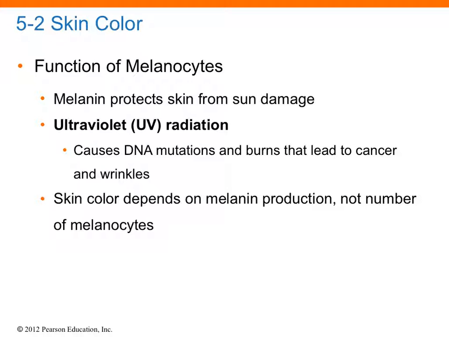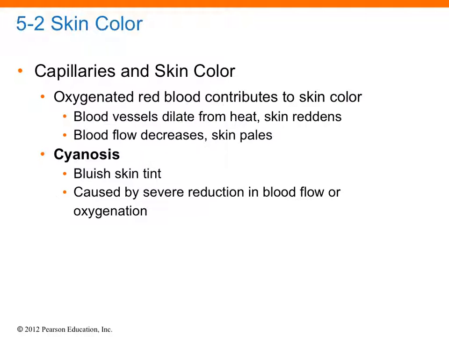The function of the melanocytes is to produce melanin, and melanin protects skin from sun damage, or UV, ultraviolet radiation. UV radiation can cause DNA mutations that can lead to cancer and wrinkles. Also burns that can lead to cancer or wrinkles. Skin color depends on melanin production, not the number of melanocytes.